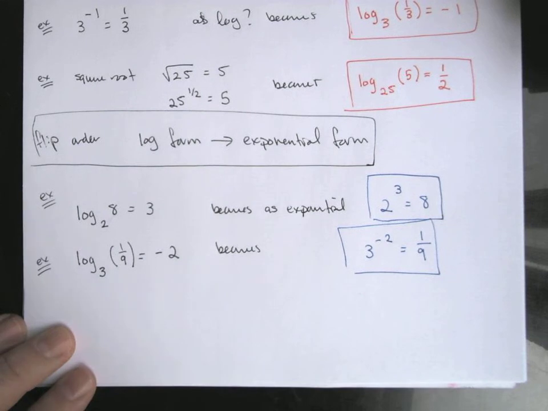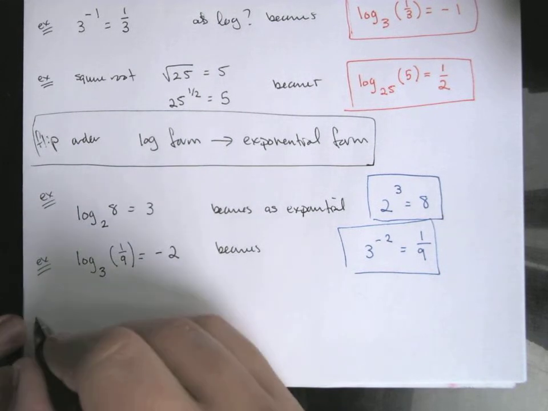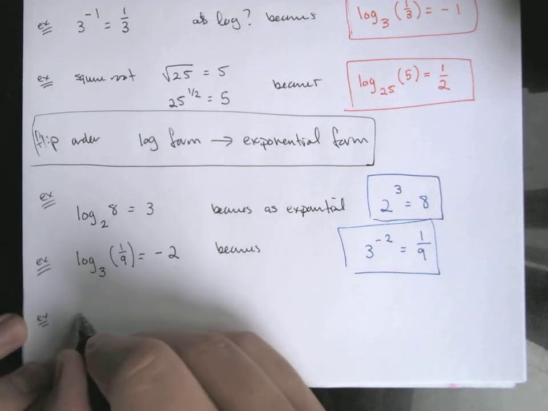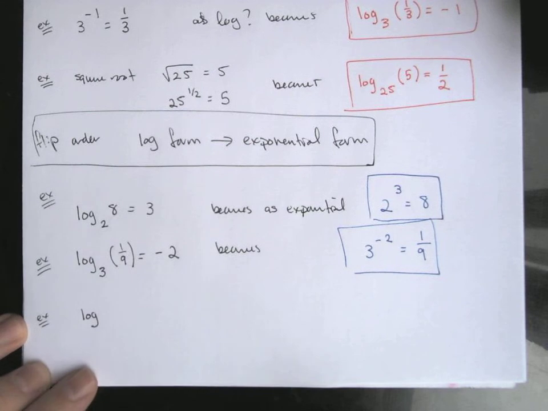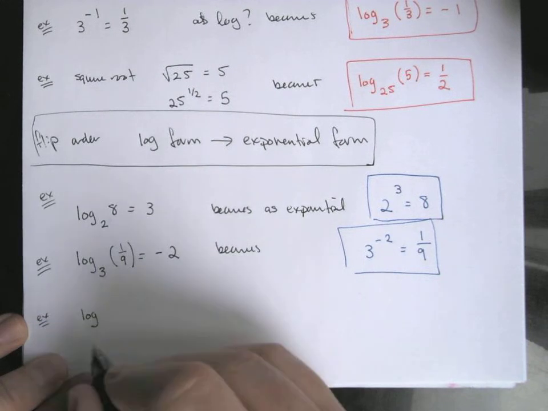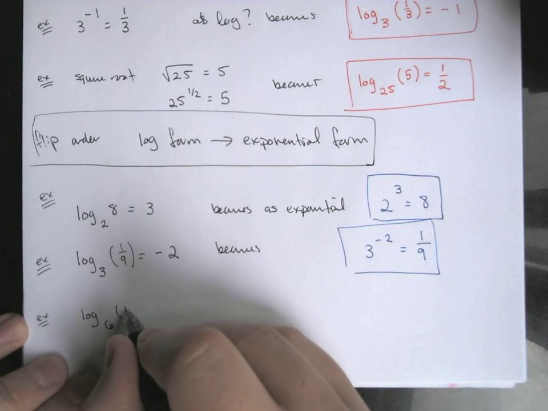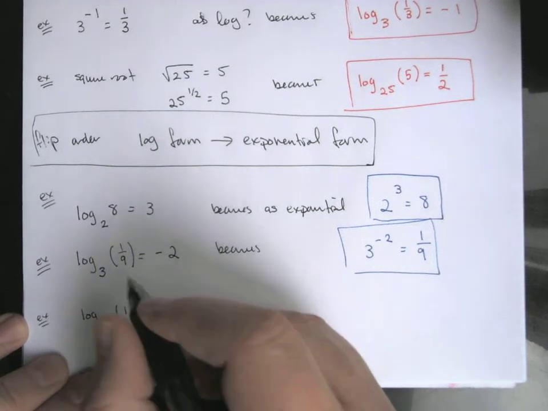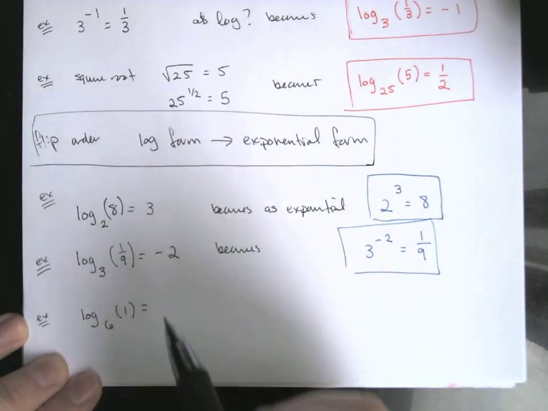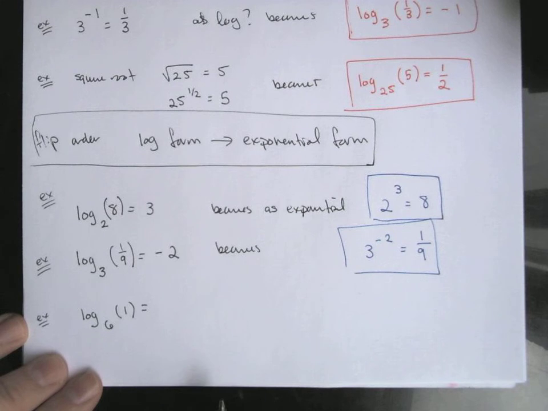Let's do one more. Let's do some sort of root. Well, I tell you what, let's not do a root. Let's do something a little bit trickier. How about log base 6 of 1. The question here is, what's the exponent that I'm going to use to get from 6 to 1?